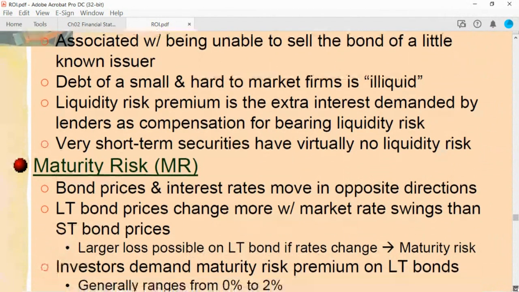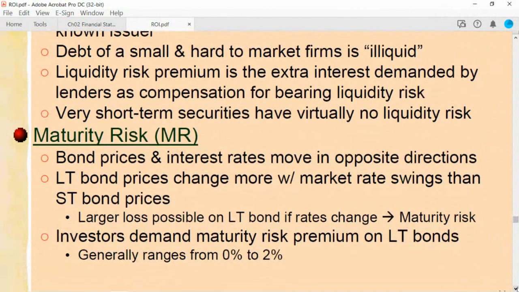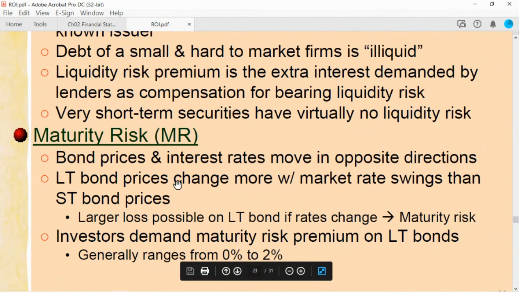Now, maturity risk means the risk goes up as the term of the loan goes up. In other words, as the maturity goes up, the risk goes up because long-term bond prices change more.